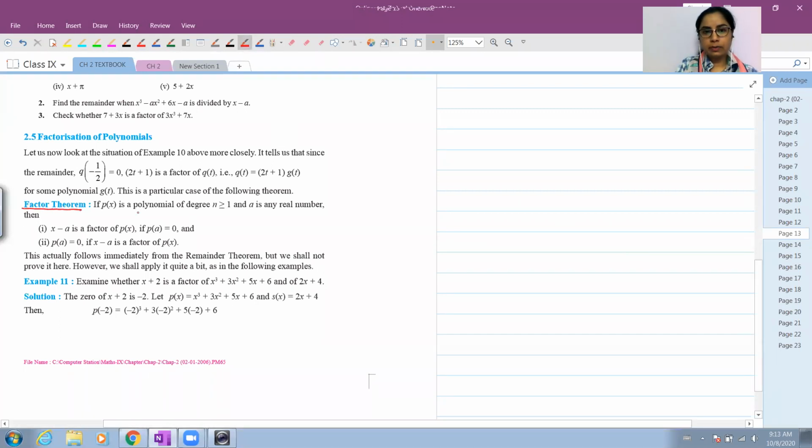So factor theorem, as such, the statement is given here. I'll go over the statement once and then I'll explain how it is to be used.